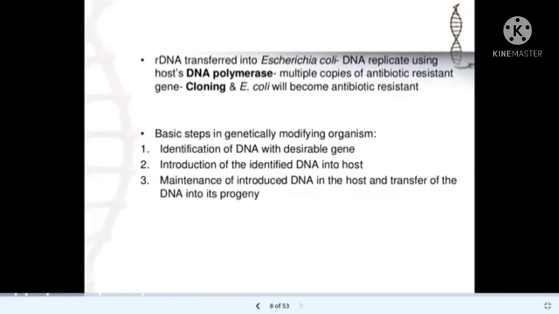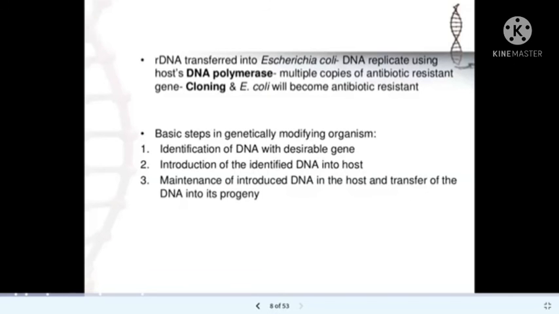So now the rDNA is transferred to E. coli, and using DNA polymerase, which is again an enzyme, multiple copies of the antibiotic resistant gene will be made in the body of E. coli. This is called gene cloning. So E. coli will now become antibiotic resistant. That was our aim.